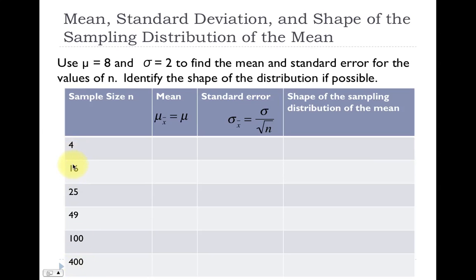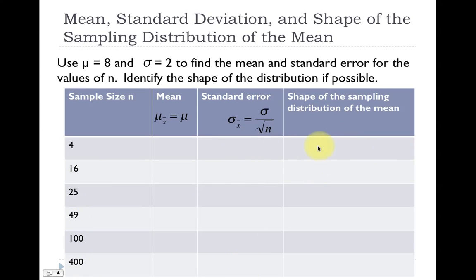For each of these sample sizes, we're going to state the mean of the sampling distribution, mu sub x bar, which is simply, by definition, the same as the mean of the population. We're going to find the standard error by applying the formula sigma divided by the square root of n. So we're going to take 2 divided by the square root of each of the values of n, and we'll put that answer right here.